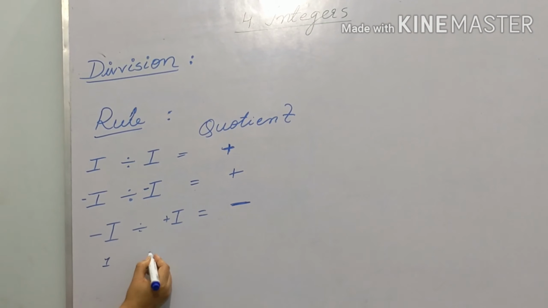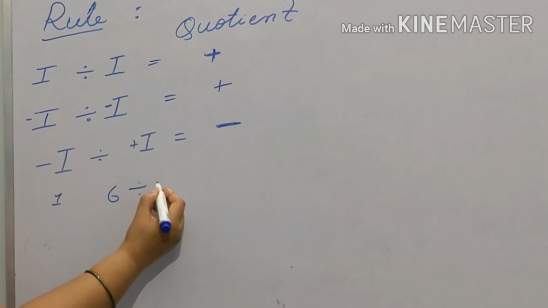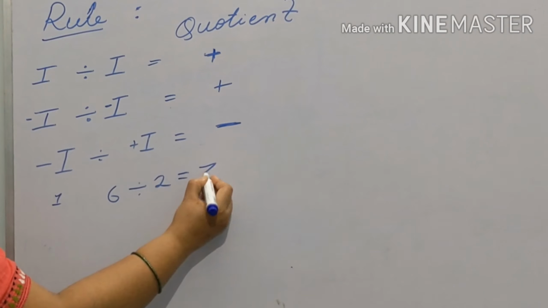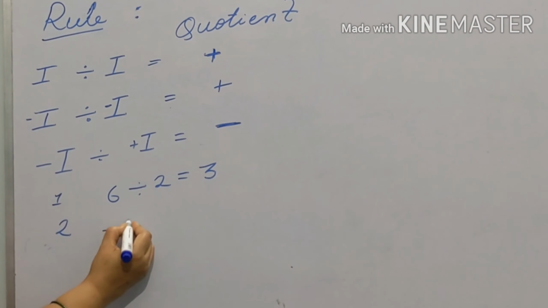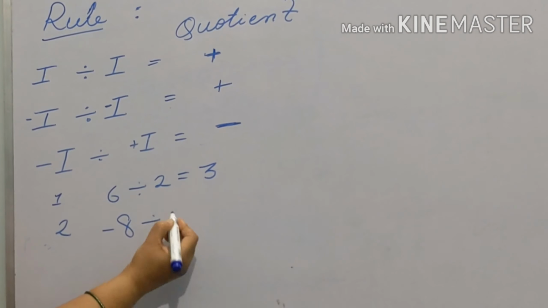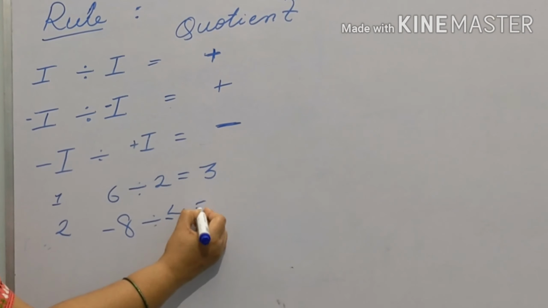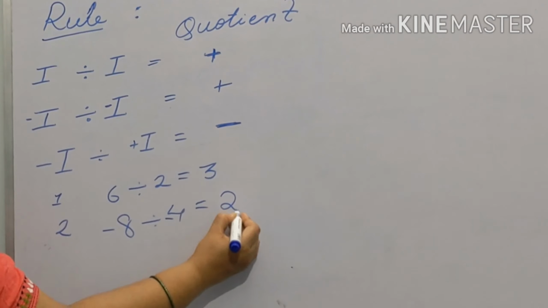Rule 1, whenever you divide a positive integer by a positive integer, the quotient is always positive. Rule 2, whenever you divide a negative integer by a negative integer, the quotient is always positive.